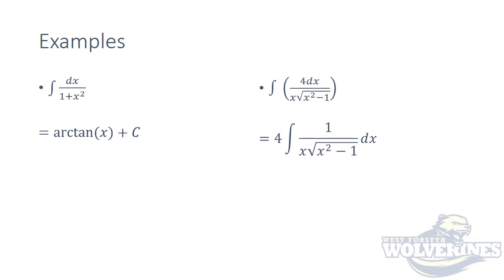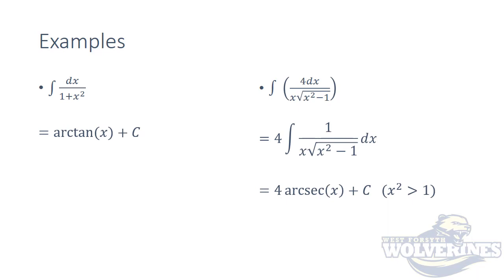Then you should recognize arcsecant. And don't worry about it if the absolute value isn't already there. You can take care of that by just restricting the domain in the solution. So because we had the 4 outside the integral, it gets multiplied by the antiderivative, which is the arcsecant of x plus c.